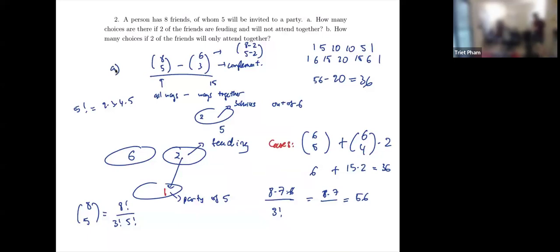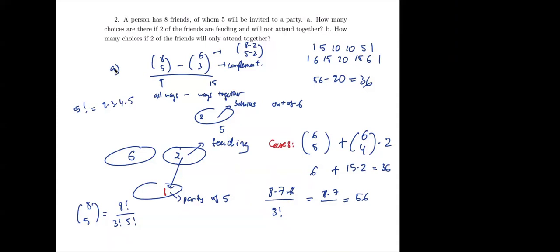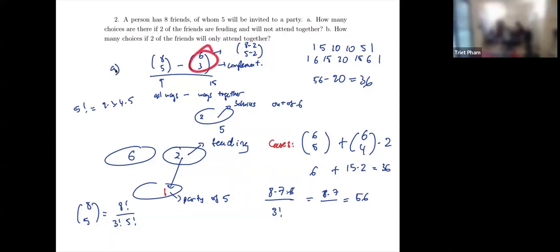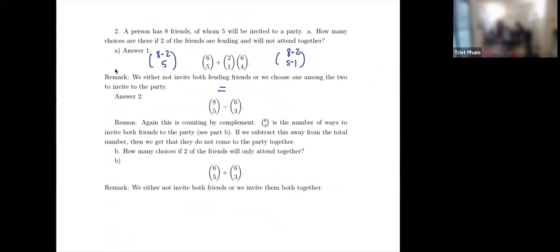Or what would the answer be? The answer is 6 choose 3. Yeah, exactly, from part A. 6 choose 3, correct. Oh, sorry.